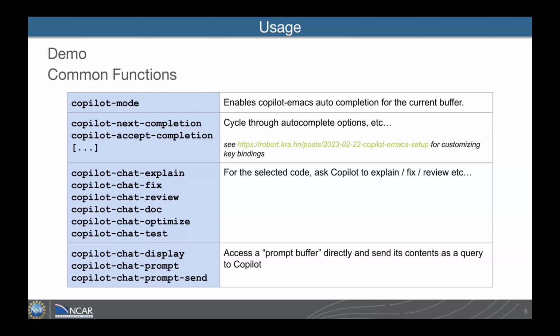What I find maybe more useful are the Copilot chat plugins, and this is the version of what we've seen in VS Code and Vim already. You can explain, fix, review, doc. You can ask for optimization. You can also ask for tests. These are all sub-functions that will either review the entire buffer or a selection that you have set up and give you either documentation. I find the explanation quite good, especially in our role in consulting.